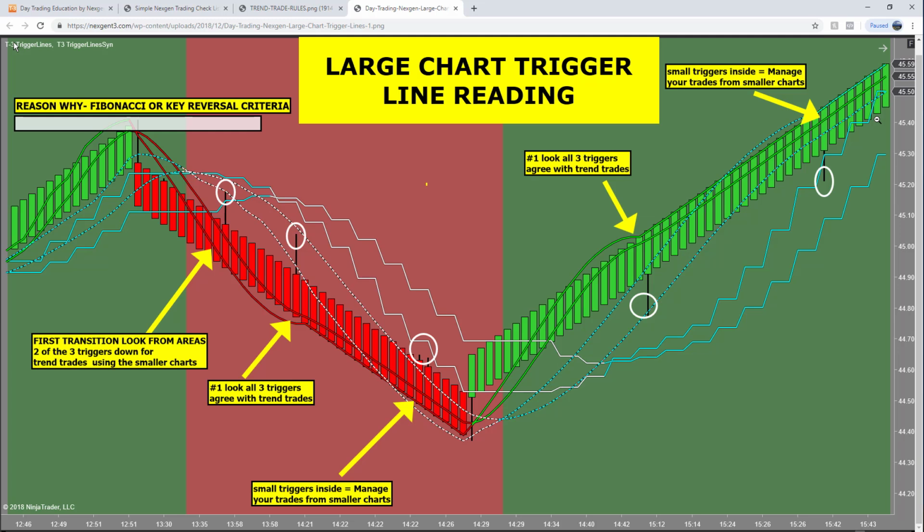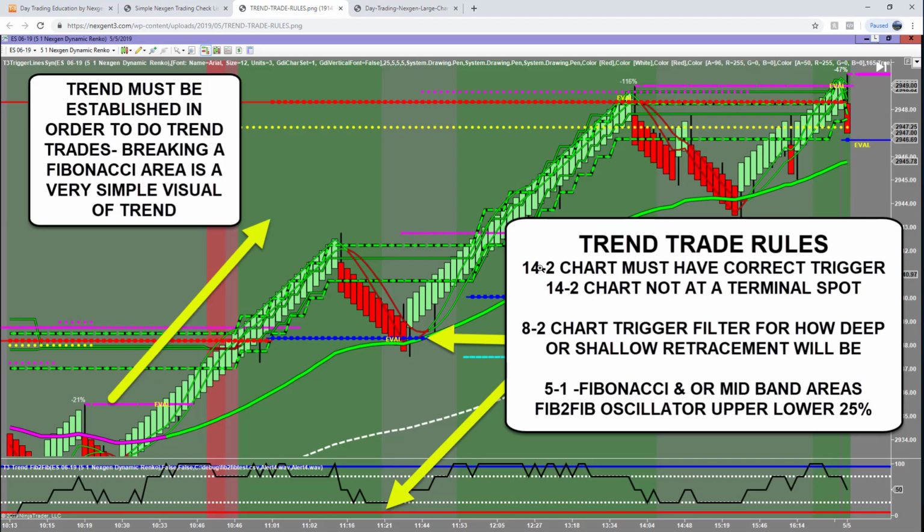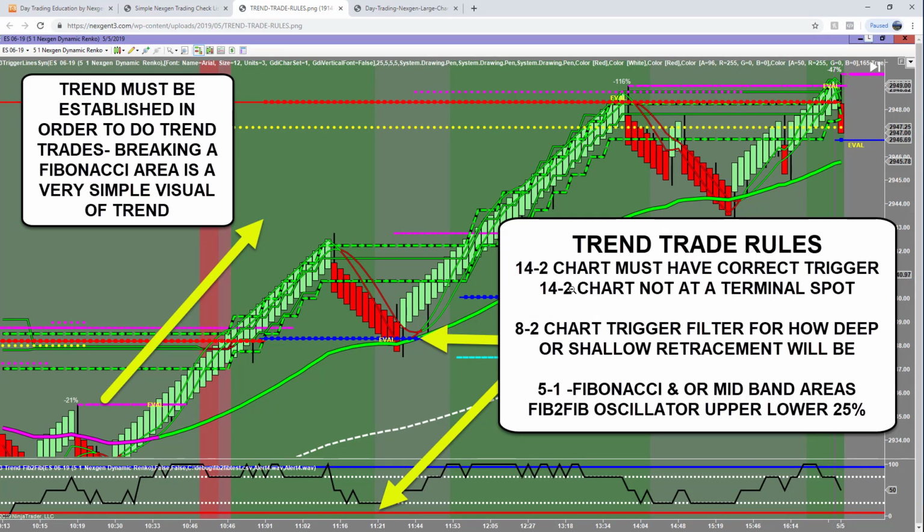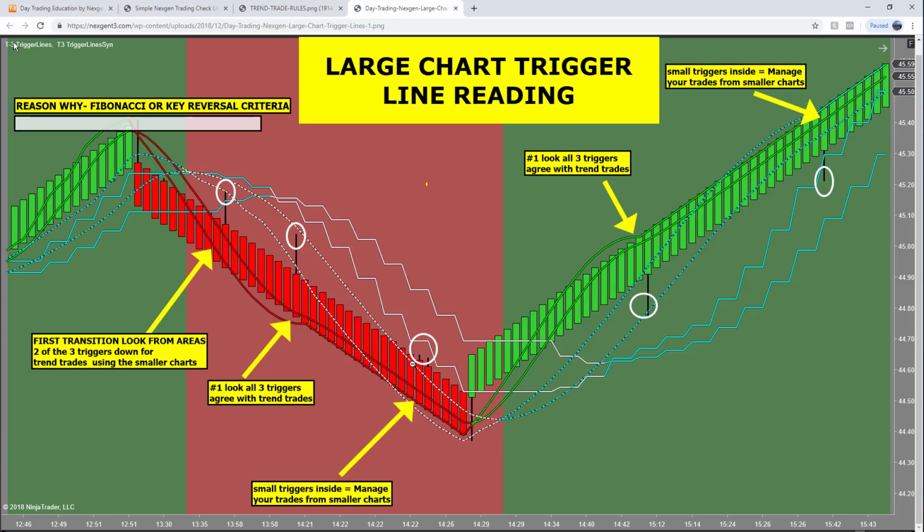So, can we all agree with that from our 14-2 trigger line reading? Because the rules state for a trend trade that the 14-2 chart must have the correct trigger line configuration, which is this. Okay, this is step number 1 for identifying a proper good trend trade.